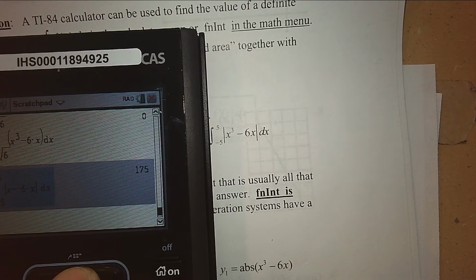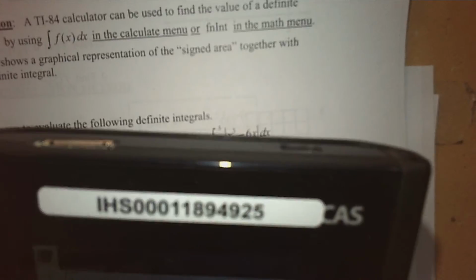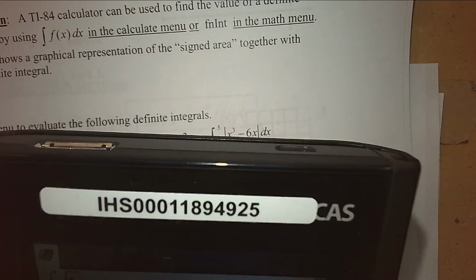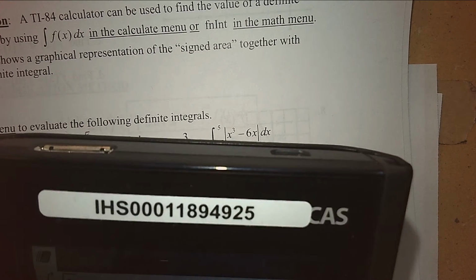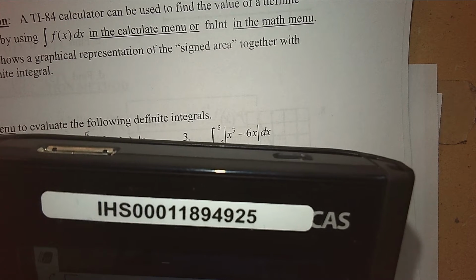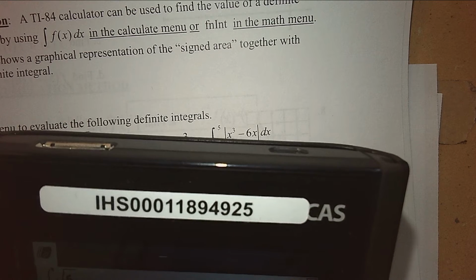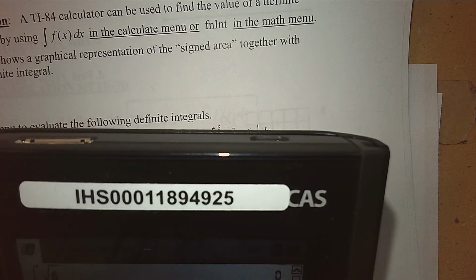Let's go back. Sorry, I typed it and it had that stupid little negative thing again. How could I not get rid of it? I'm going to do it again. I'm going to integrate it.